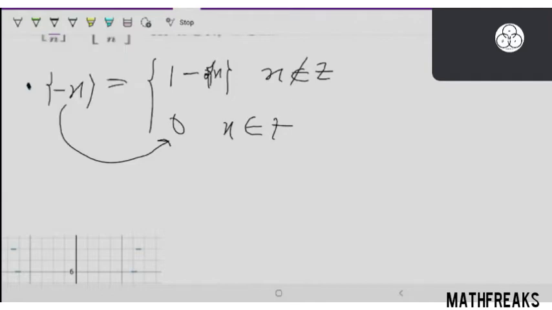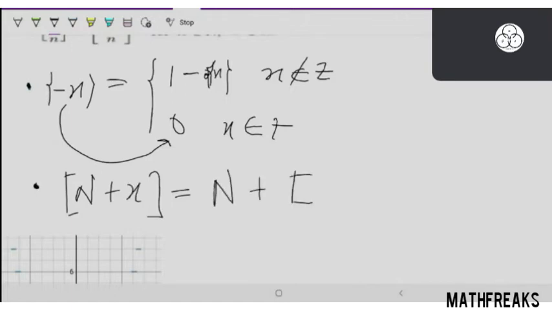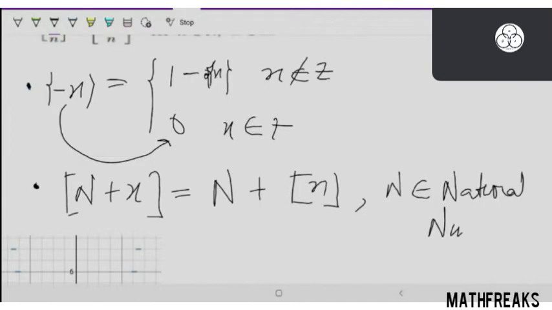You cannot even imagine how important this property is, that questions in the topmost national Olympiad exams can be asked from these easy looking properties. n belongs to natural numbers.